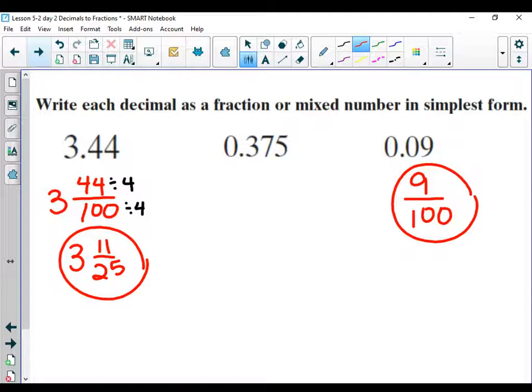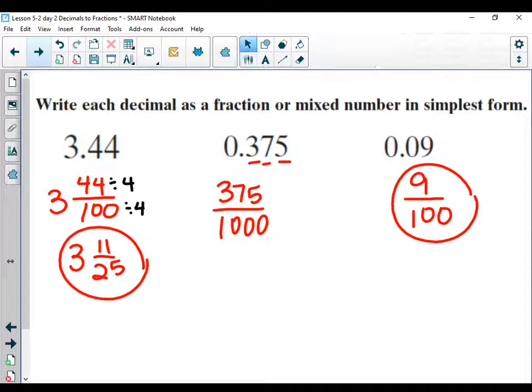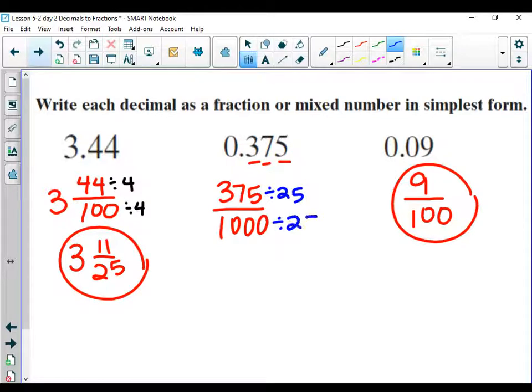This one isn't 100th. This is 1,000th. Whew, that's a big one. Divide by... I'm trying to find something big to divide by. Oh, that wasn't even big enough. Have to divide again.